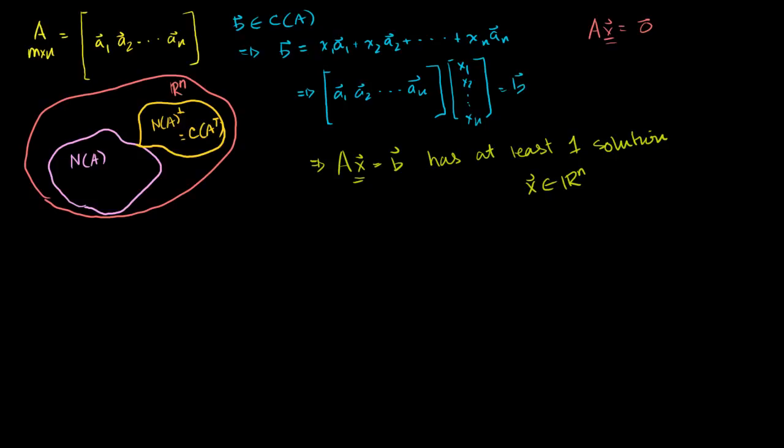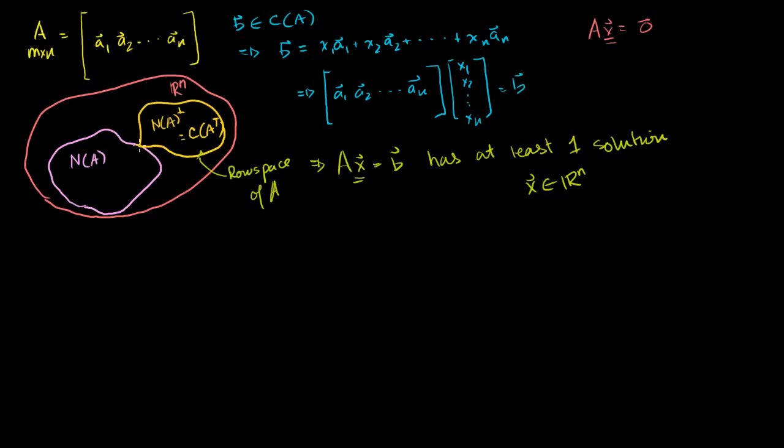So we have two spaces here. That is the row space of A. So I have two subsets of Rn. I have the null space, and then I have the null space's orthogonal complement, which is the row space of A.